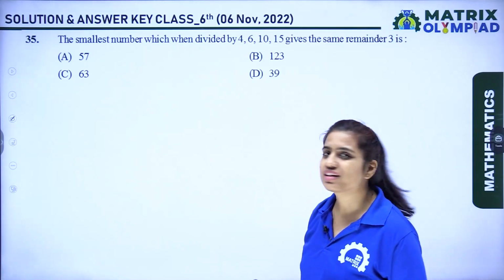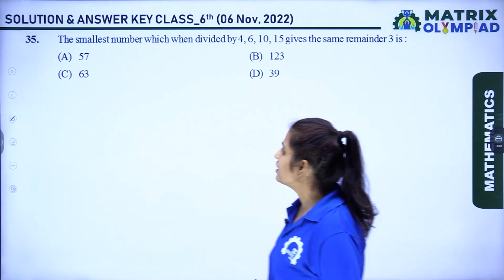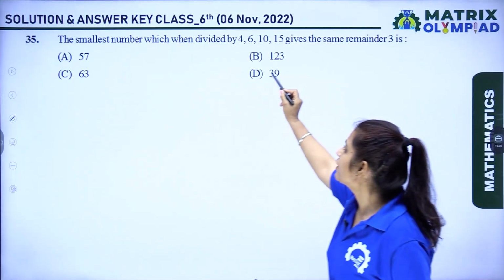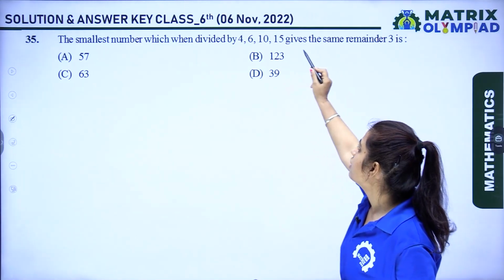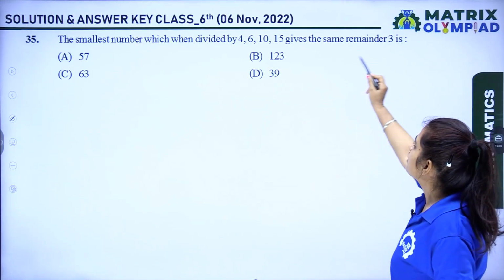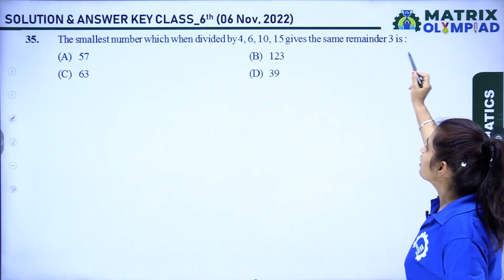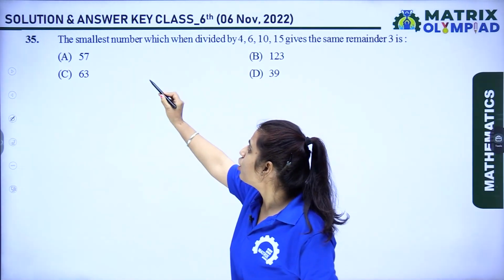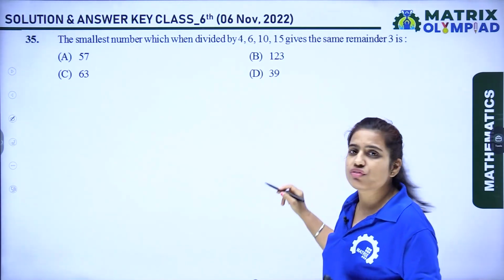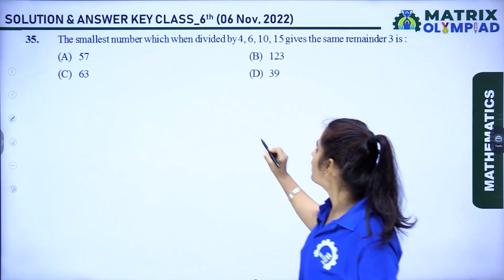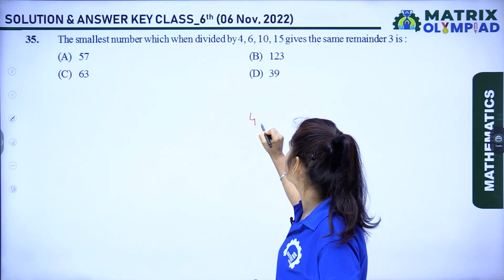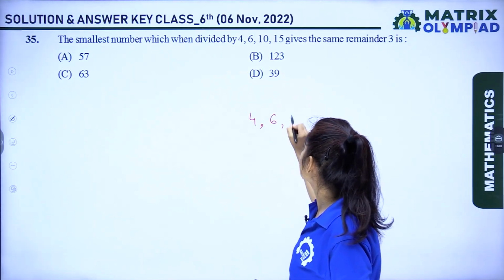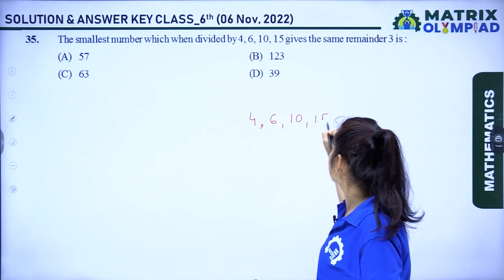Let's move on to the next question. The smallest number which when divided by 4, 6, 10 and 15 gives the same remainder 3 is. So we have to find out the smallest number. First we are going to find out the LCM of these 4 numbers 4, 6, 10 and 15.